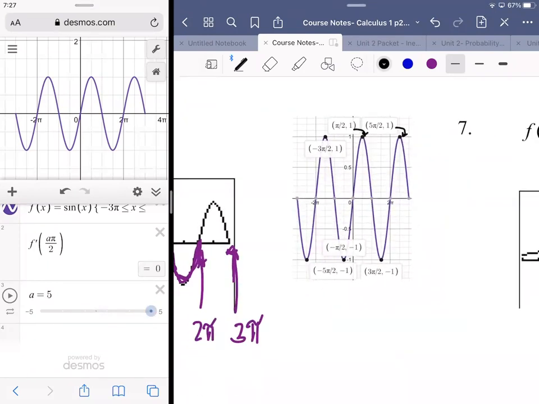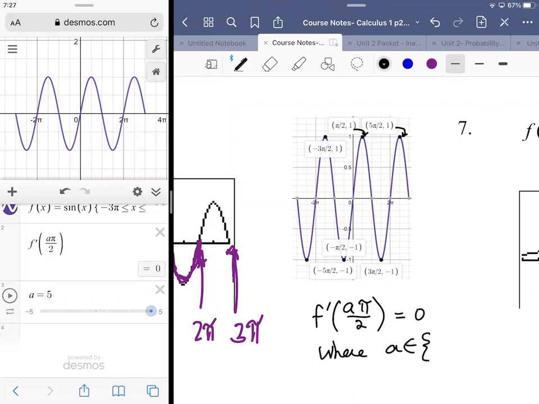And actually, it's kind of nice because I can use this relationship on paper and say the derivative at a pi over 2 is equal to 0, where a belongs to the set of numbers going from -5 to 5 just by odds.